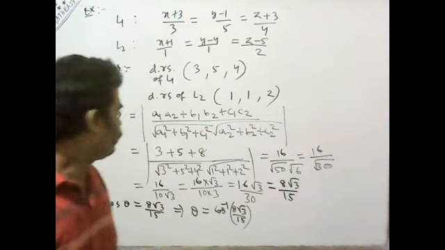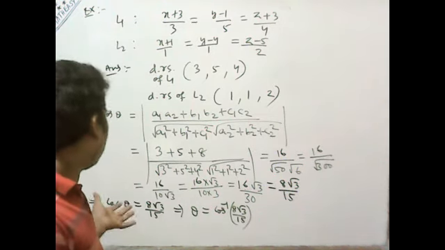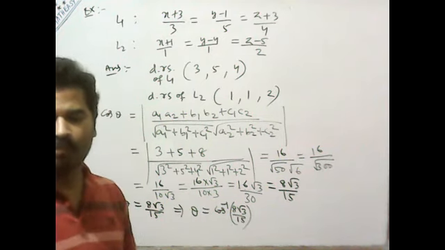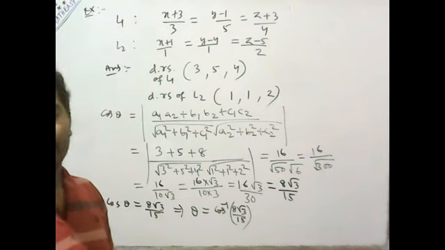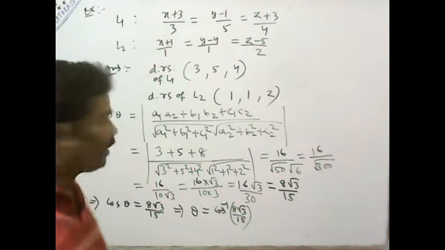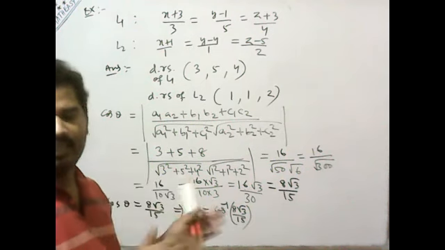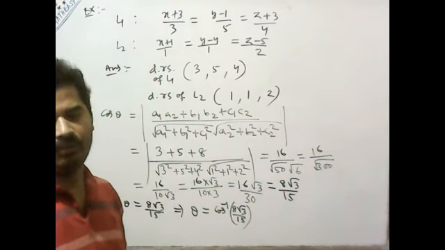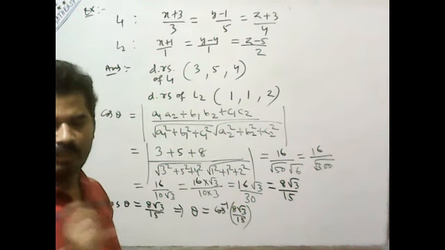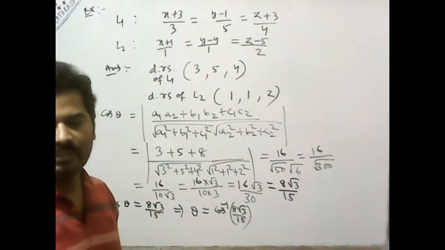So this is the question if the Cartesian system is given. So how to find the angle between two lines: if it is given in vector form, then use that method, and if it is given in Cartesian form, then do it this way. Similarly, we can do questions like this. The method is given: one is where the direction ratio is given, and another where the direction cosine is given.